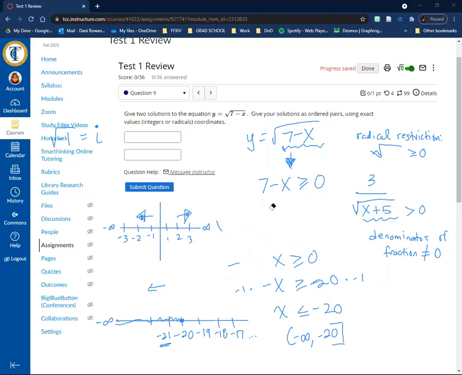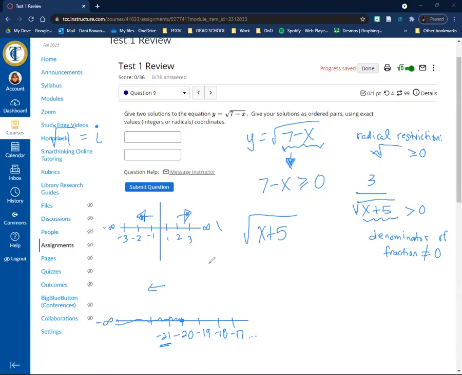Would you still do x plus 5 greater than or equal to 0? Yes, you still would, because you don't want to put in a number that would cause that to be negative. Say I threw -6 in there, what's going to happen?